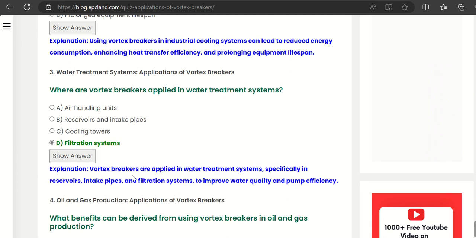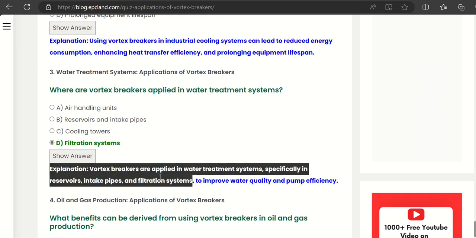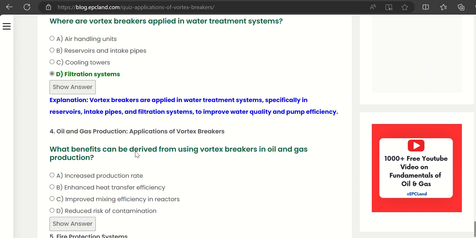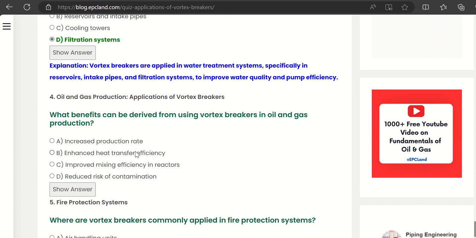Let us see. Vortex breakers are applied in water treatment, especially in reservoirs, intake pipes, and filtration systems. Although these are utilized just to improve the water quality and pump efficiency. So most of the answers are correct, but if we have to choose one of the best answers out of these four, then this will be the answer.